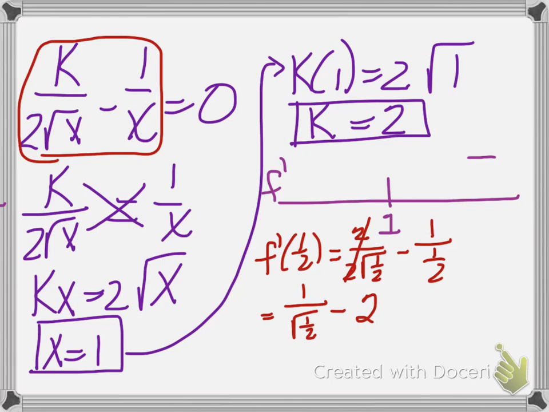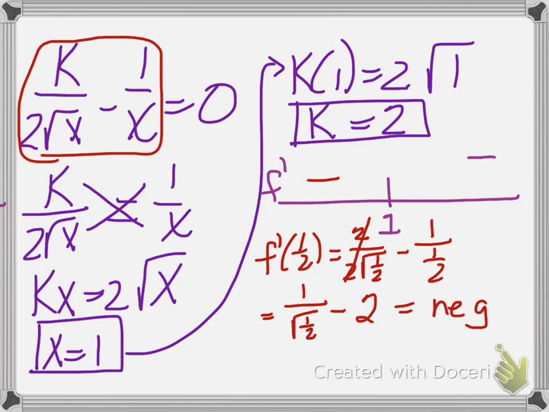Okay, so you have to decide, is this going to be positive or negative? And the square root of 1/2 is going to have to be smaller than 1. So this whole thing is going to end up being a negative number. You don't care what it is as long as it's negative. Obviously, if you have a calculator, you can do it on the calculator.